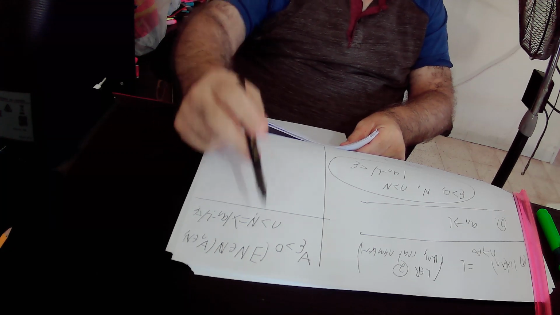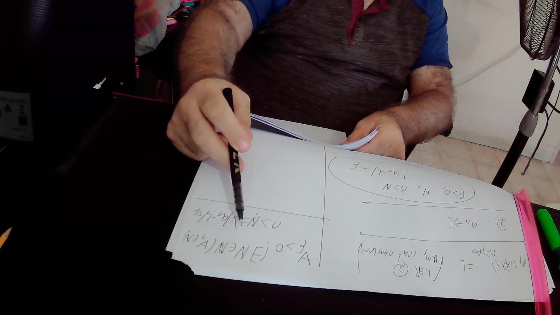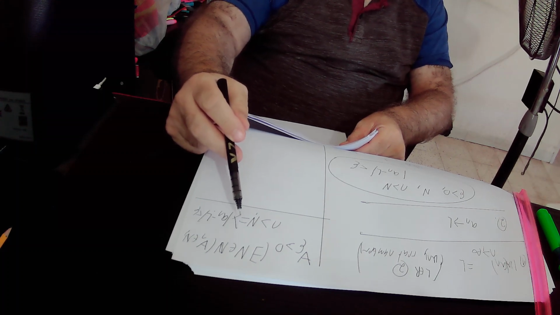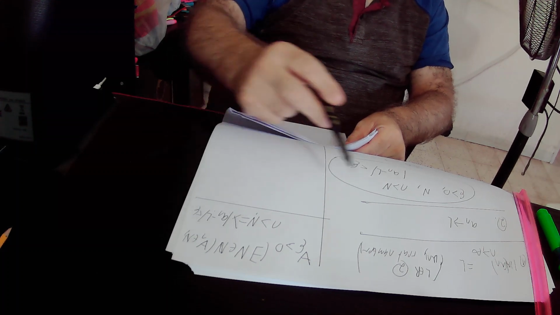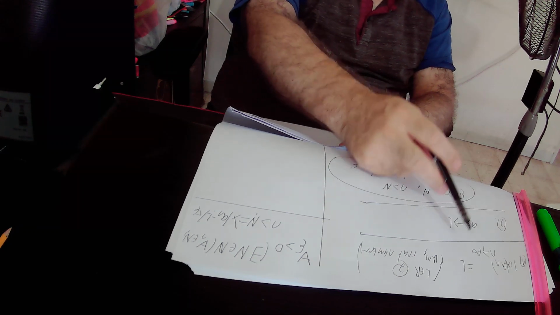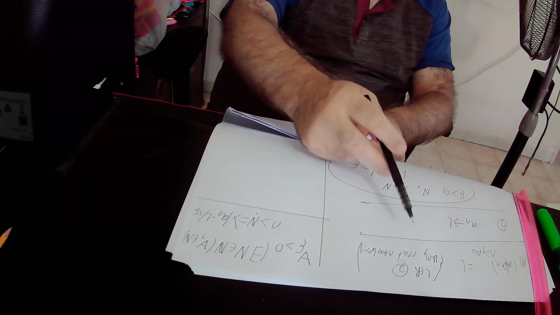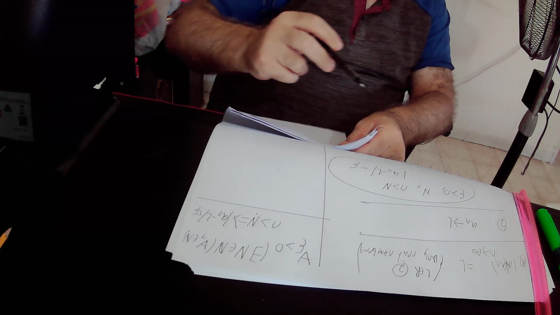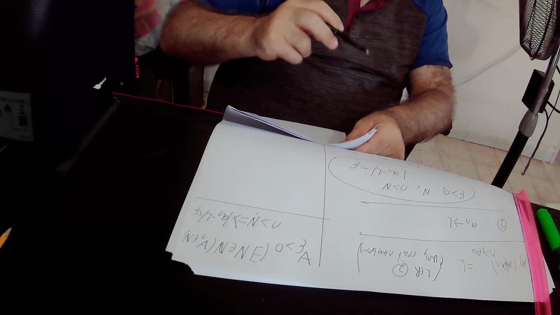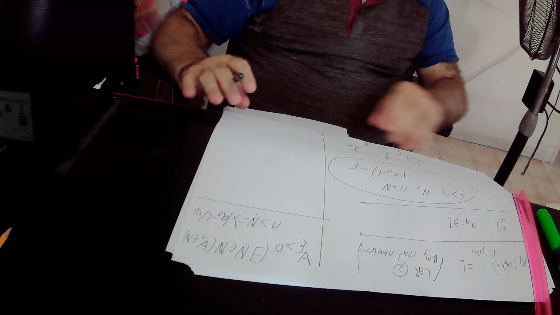That is the meaning of this condition. So this condition must hold in order that the limit of sequence AN will be equal to L, and L is any real number, L belongs to R.